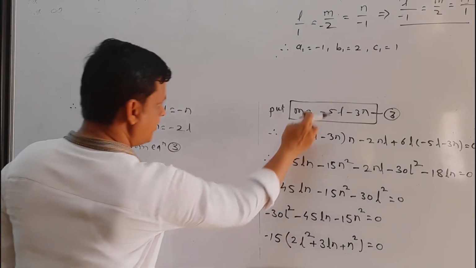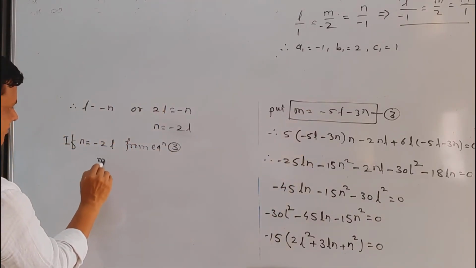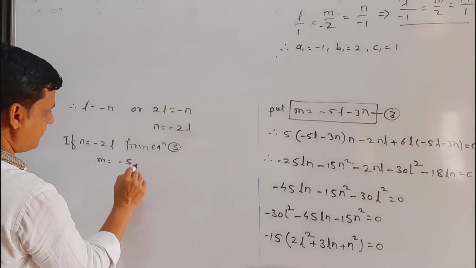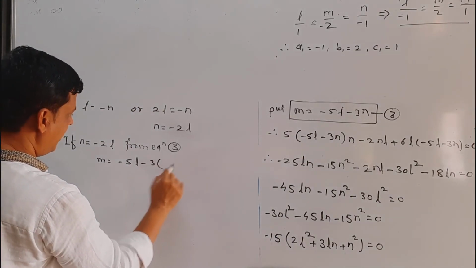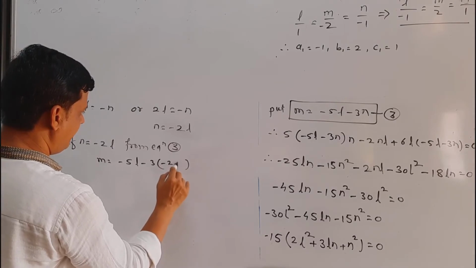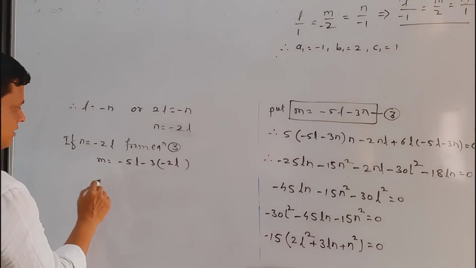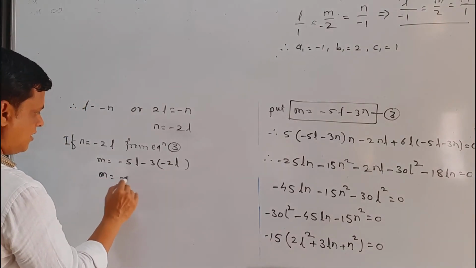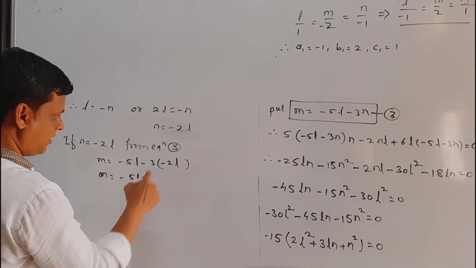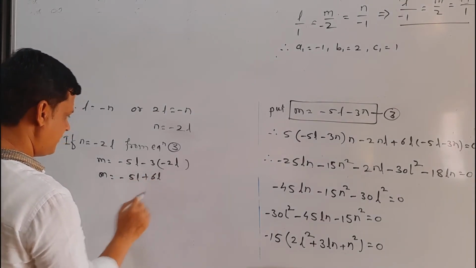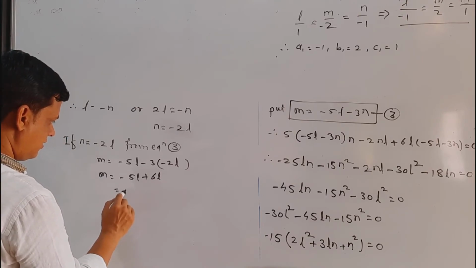What we write from equation 3rd here? M is equals to minus 5N minus 3 into N. So substitute the value as minus twice L. So we write M is equals to minus 5L plus 2 into 3, 6L. So we get here 1L.